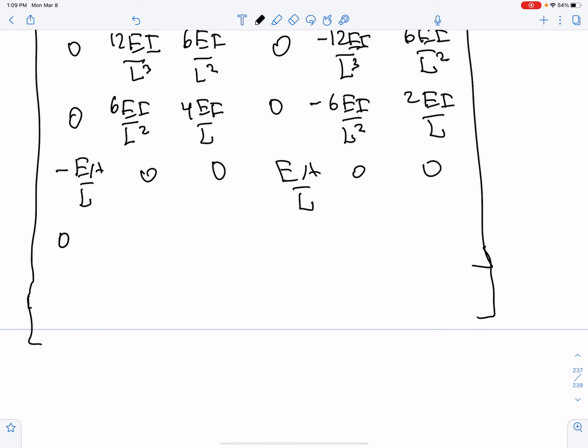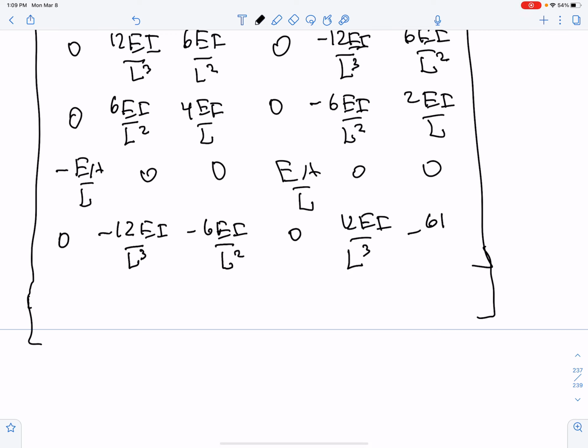Then you get a 0, minus 12 EI over L cubed, minus 6 EI over L squared, 0, 12 EI over L cubed, minus 6 EI over L squared.